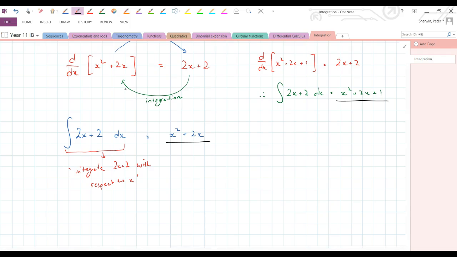So we say the integral of 2x plus 2 with respect to x equals x squared plus 2x plus some constant c.